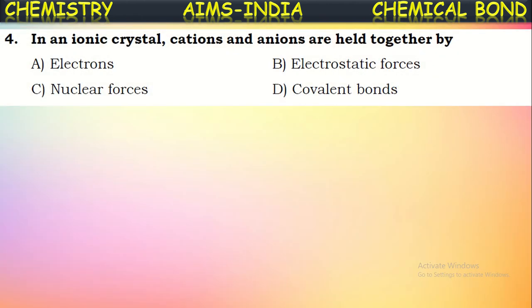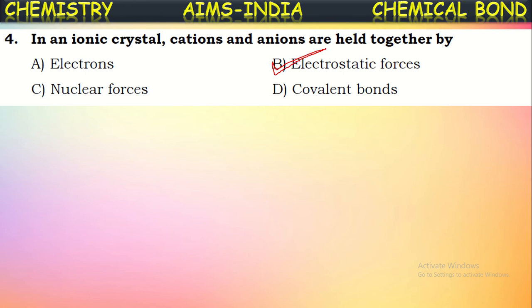So the next one. In an ionic crystal, cations and anions are held together by. In an ionic compound, cations and anions will be held together by a certain electrostatic force of attraction. It is called electrostatic force.